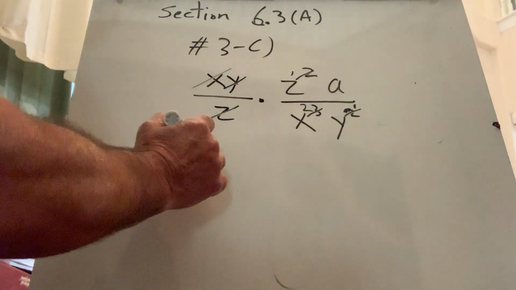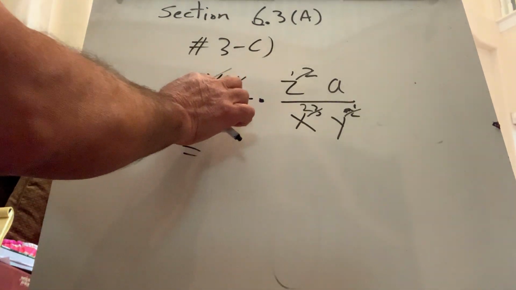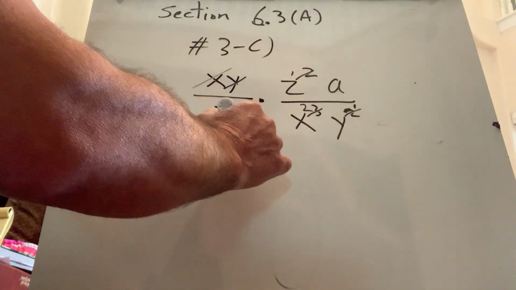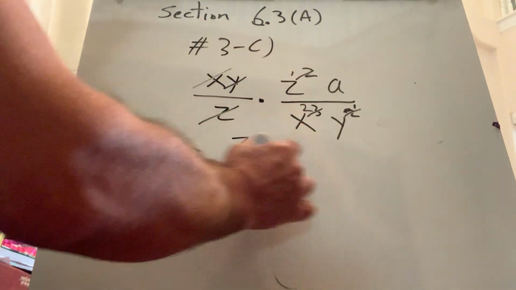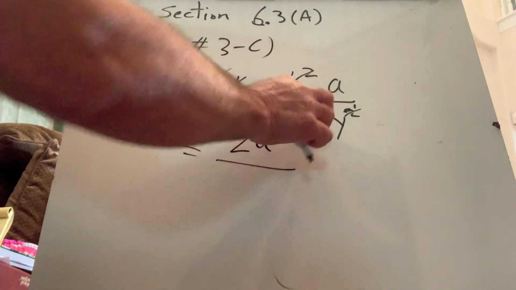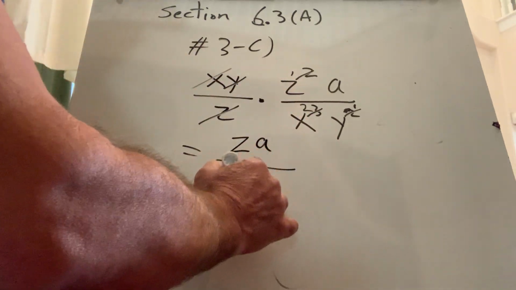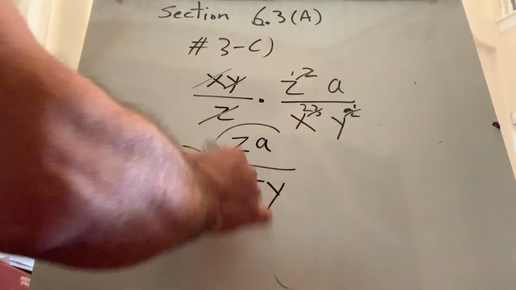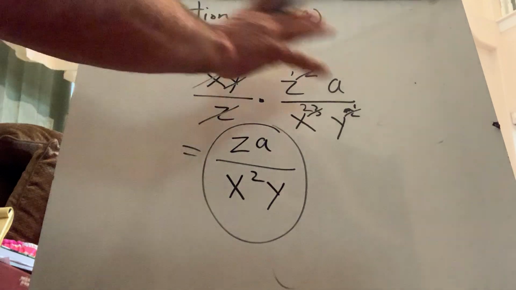So let's see what we're left with. The x canceled, the y canceled. From the z squared, you're left with just z. You still have the a. So upstairs, you have za. And downstairs, you had x squared left, because remember, you cancel 1 factor of x, and also 1 factor of y left. So that would be your final reduced form of the product of these two fractions.